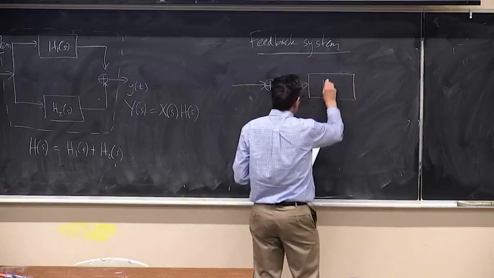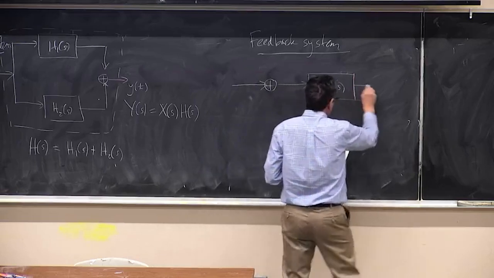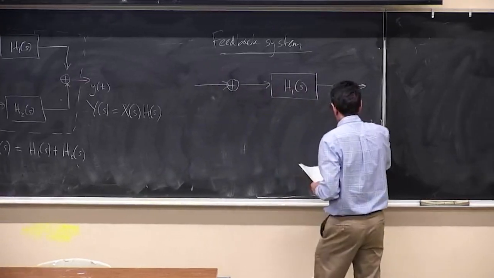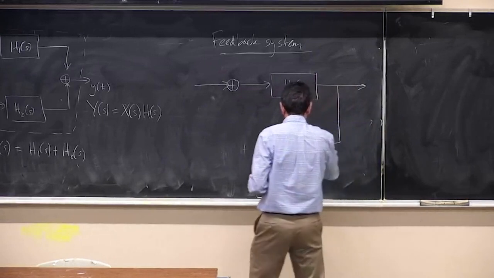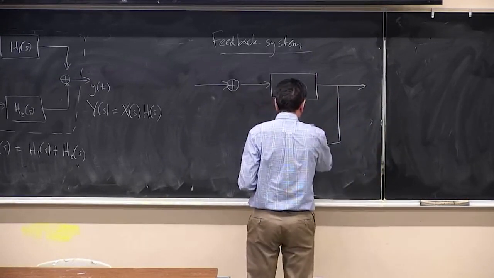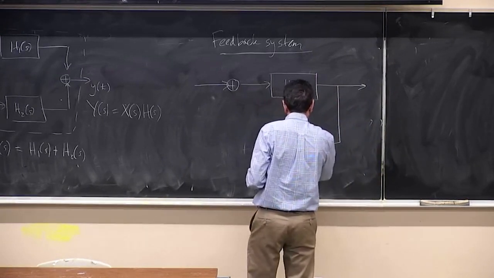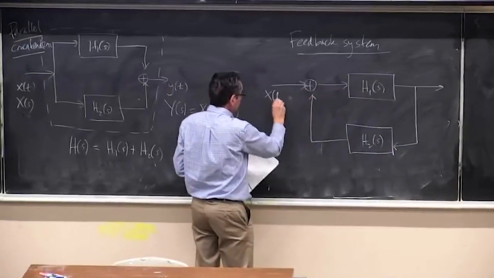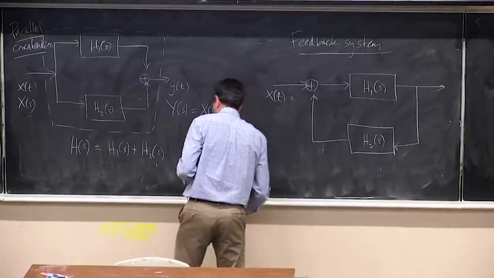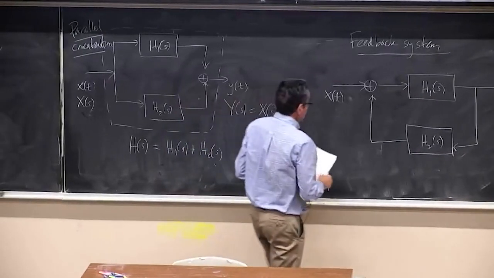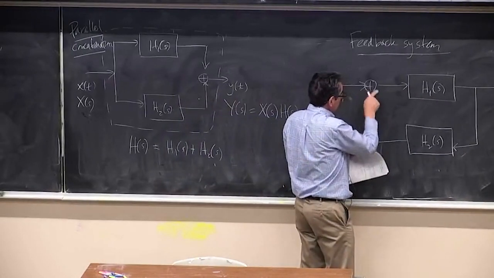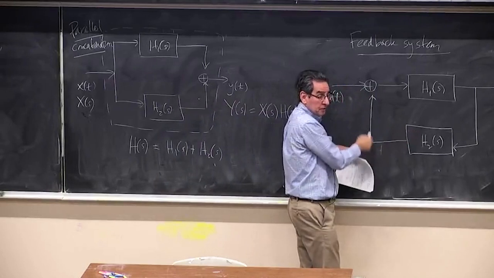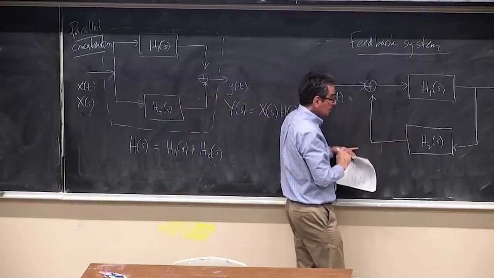So it's going to be a feedback interconnection of two LTI systems. So x(t) goes in, and there's going to be something added to it, which is the feedback. Let me give some names to these signals.